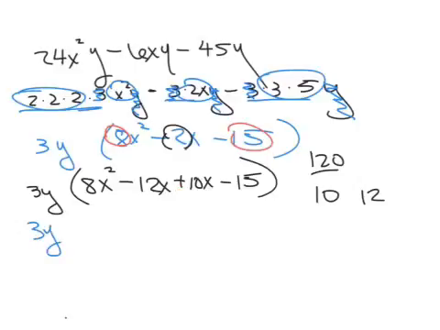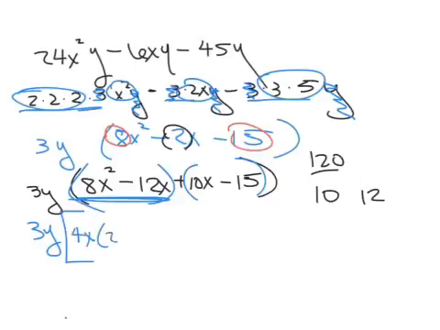So let's do our grouping here. Group that and group that. And let's see, what can I pull out of there? I'm just going to make a big thing there just so I can double up on what I can pull out here. Alright, so I can pull out a 4 and an x, and I'm left with a 2x minus 3.